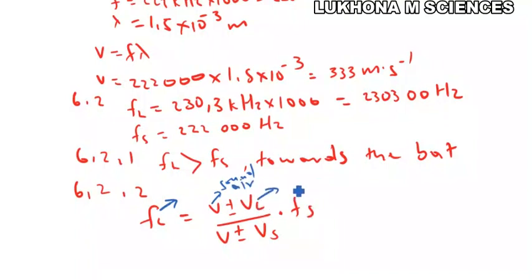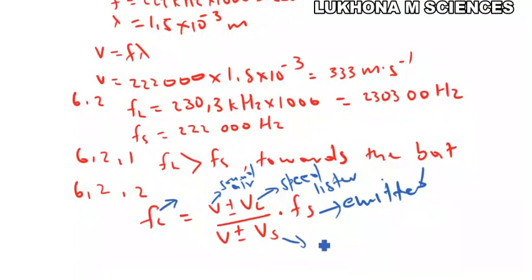Then this one is the velocity of the listener, the speed of the listener. Then this one is the sound emitted, fs. Then this one is the speed of the sound source.